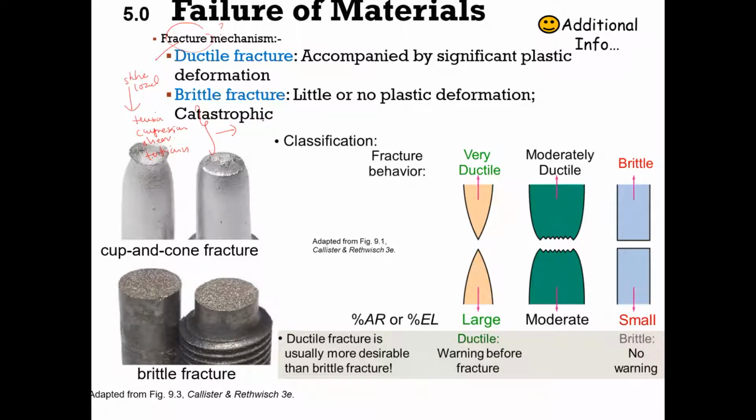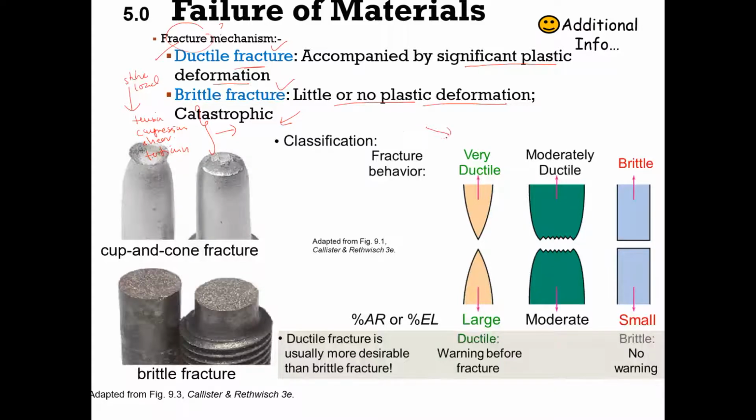Okay, this fracture can be categorized into two, which is either ductile fracture or brittle fracture. As we know, ductile fracture has very significant plastic deformation, whereas brittle fracture will have little or no plastic deformation, or we can categorize it as catastrophic failure.